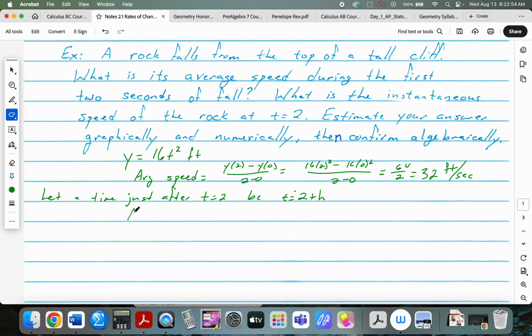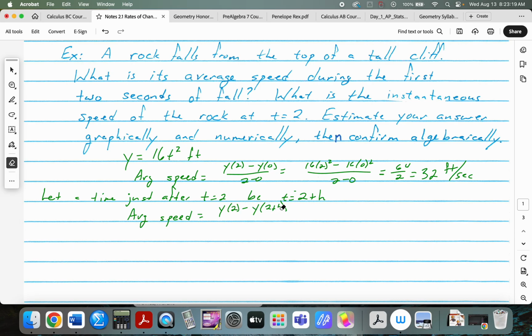So then the average speed is going to be y at 2 minus y at 2 plus h. And you know what? Let's switch those, because 2 plus h is further, and that way it makes the numerator positive. Does it matter?